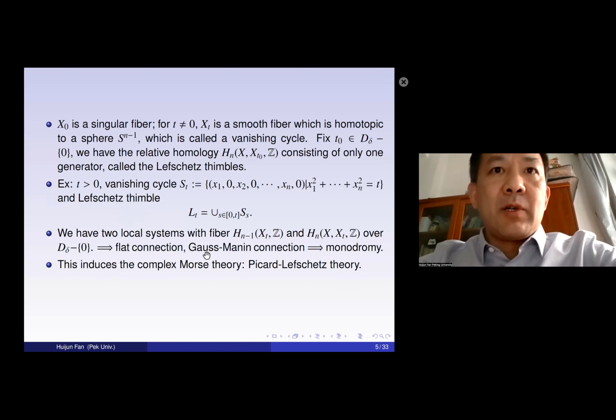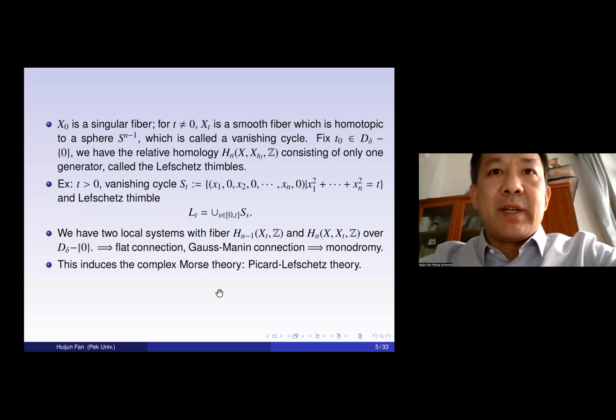So we have two local systems, with fiber H_{n-1} of X_t and the relative homology H_n, over the punctured disk. Because these are local systems, it's equivalent to say this fiber bundle has a flat connection.